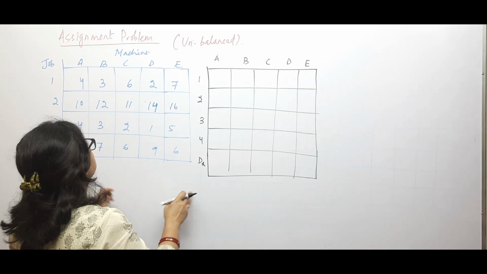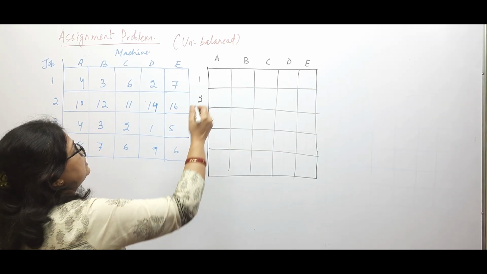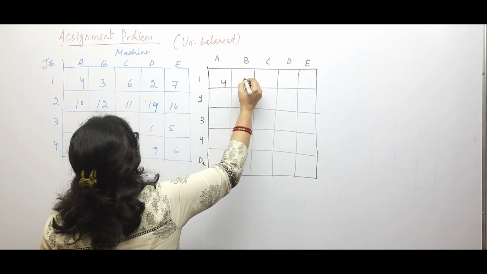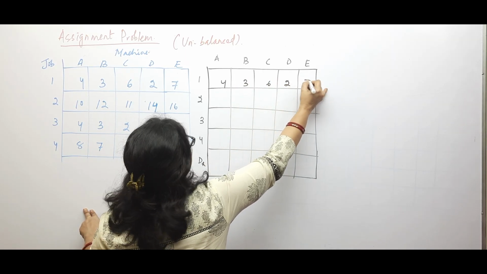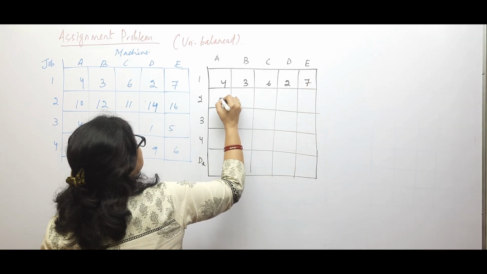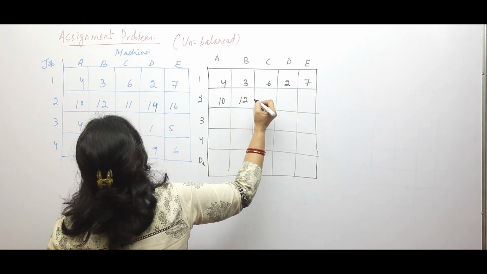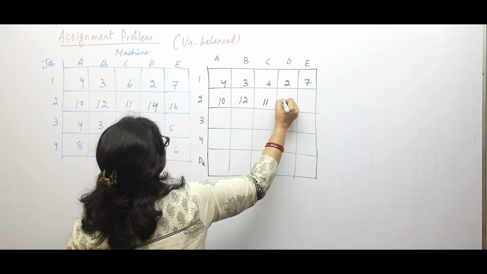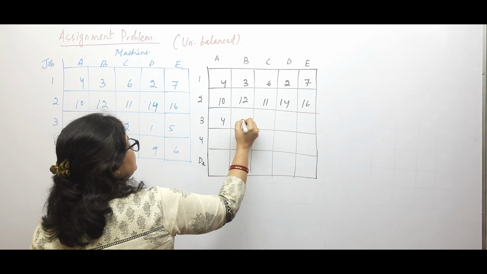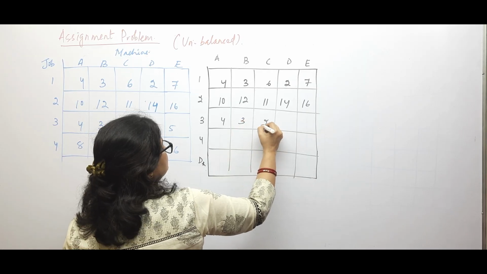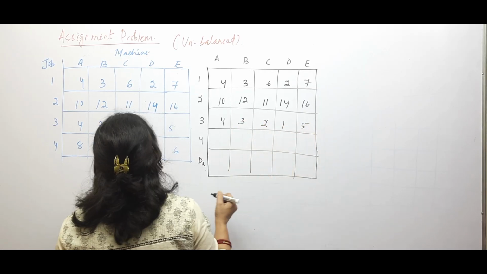So how are we going to do it? As it is, we have to write whatever numbers we have here: 4, 3, 6, 2, 7, then 10, 12, 11, 14, 16. Here 4, 3, 2, 1 and 5.